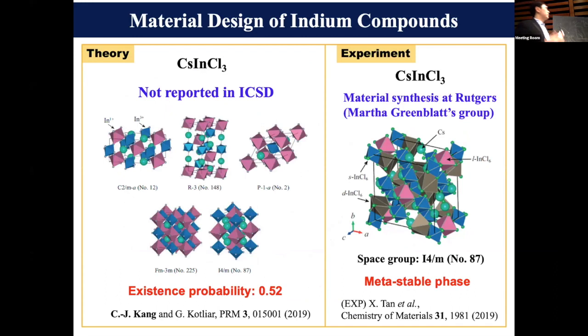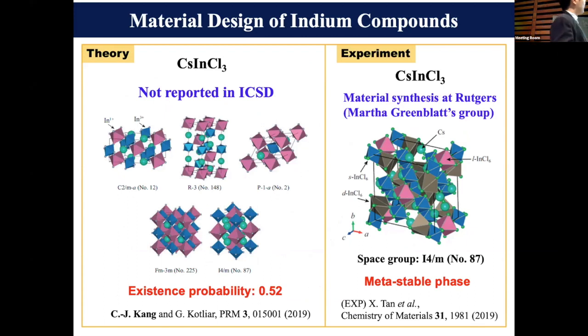So from the material design, we found that cesium indium chloride, which is not reported in the ICSD database, is thermodynamically stable and has an existence probability of 0.52. It is quite sizable. And this compound was successfully synthesized in experiment, and the experimental space group has the I4/m tetragonal structure.